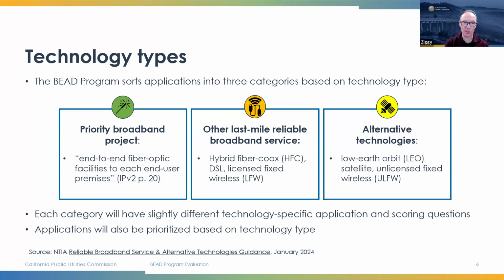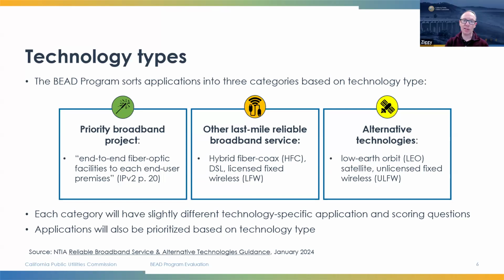It has the details that we're going over here today, and also the rationale for how these were designed and why. So priority broadband is fiber.